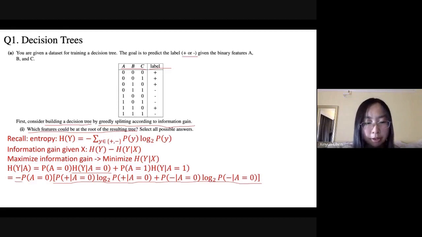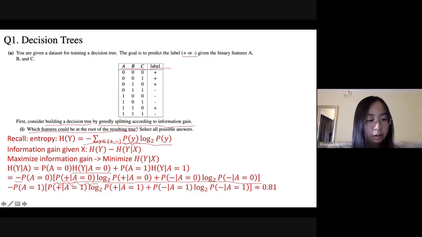And if we compare this formula with the definition of the entropy term H(y) here, we can see that the main difference is that we replace the probability of y with the conditional probability of y given A equals 0. So this is how we can compute the entropy term given the value of a certain variable.